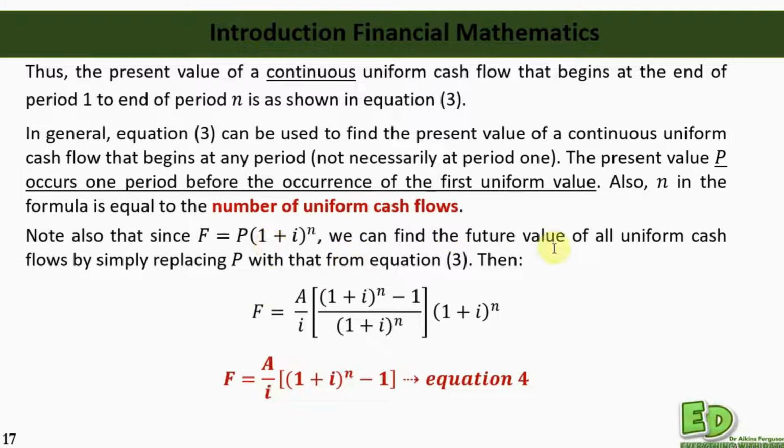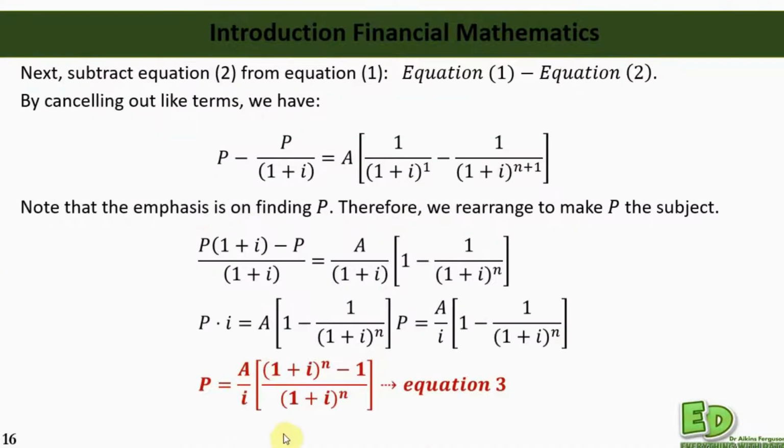We can find the future value of a uniform cash flow by simply replacing P with the formula from equation 3, which says that P is equal to A over I, bracket open 1 plus I raised to the power n minus 1, over 1 plus I raised to the power n. This is the present value of a uniform cash flow. We are looking for the future value of a uniform cash flow.